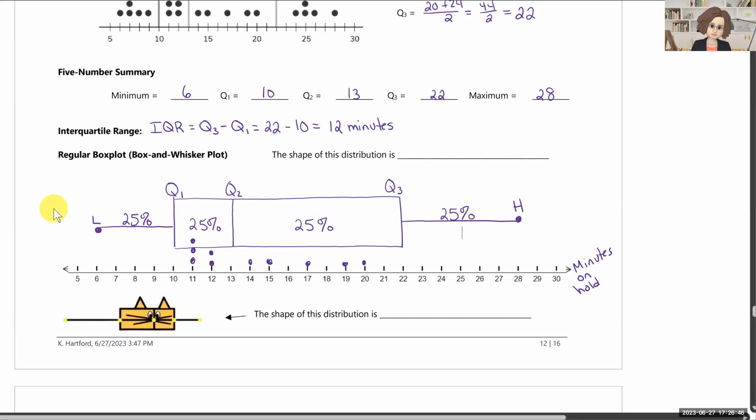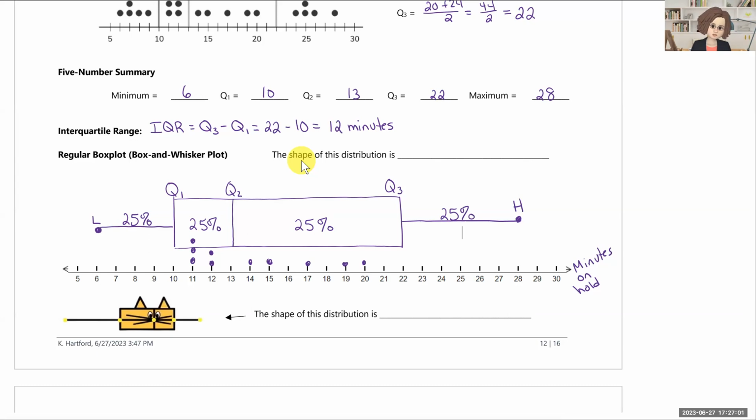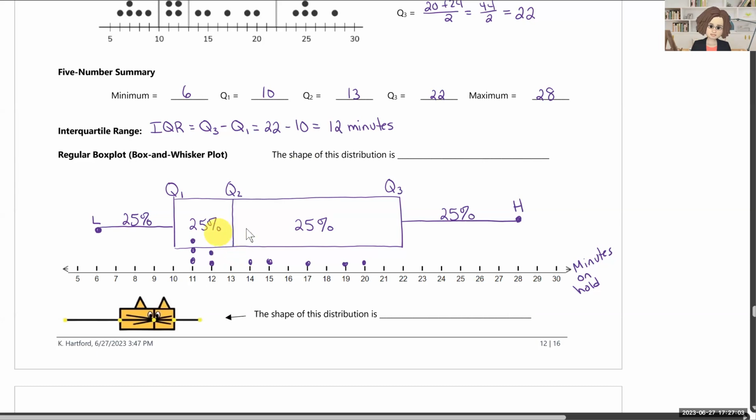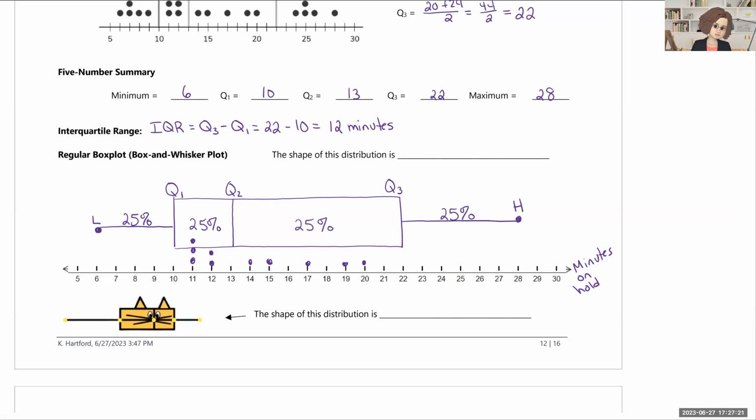All right, so then the last thing we do here is we'll talk about, is there an identifiable shape to the distribution? So not every distribution has a specific shape associated to it. This particular one does. So here's what we'll look at. In this case, the right side of the box is longer than the left, and the right whisker is longer than the left. So when that happens, you might be able to visualize the histograms we learned earlier.